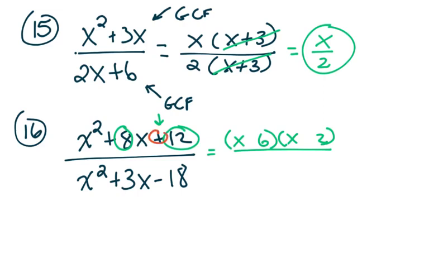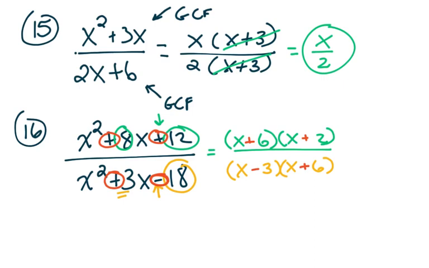This tells you the signs are the same, they're both positive. Now let's do the same thing here. Factors of 18, when subtracted, give you 3. So that would be 6 and 3. This tells you the signs are going to be different. The bigger one is positive.